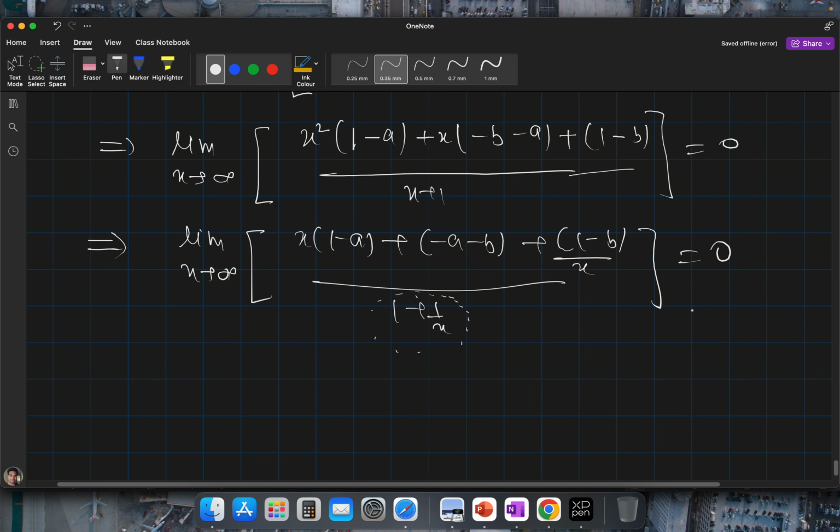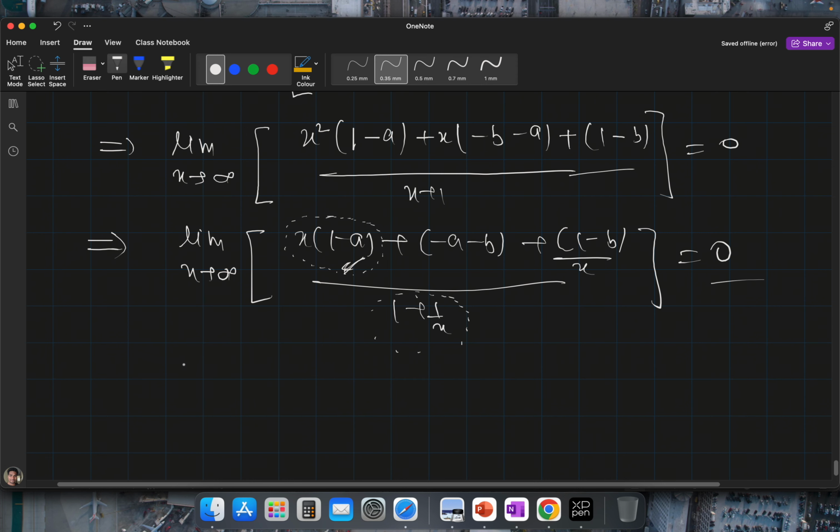Okay, so you can see that if I need the value of the limit to be equal to 0, then a should be equal to 1, which means that this term should become 0. Otherwise the numerator will become infinite, but I need 0.